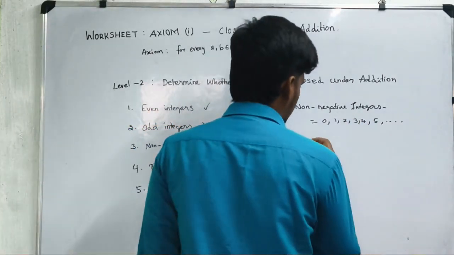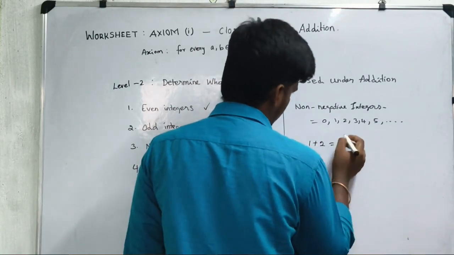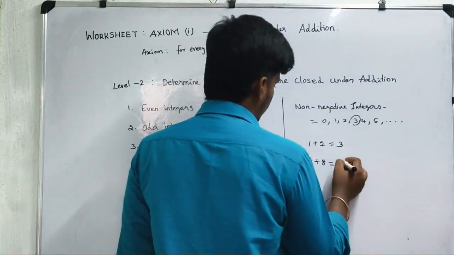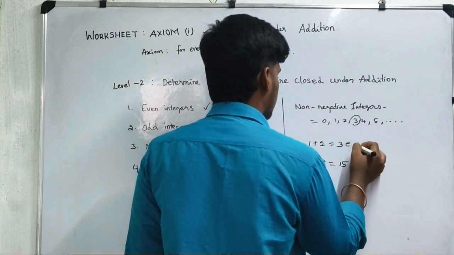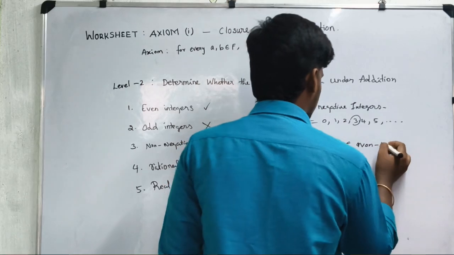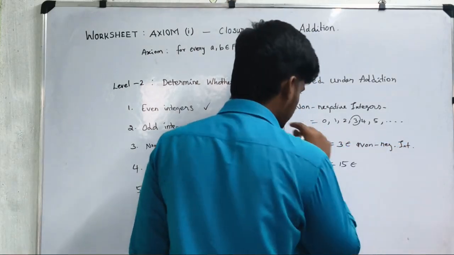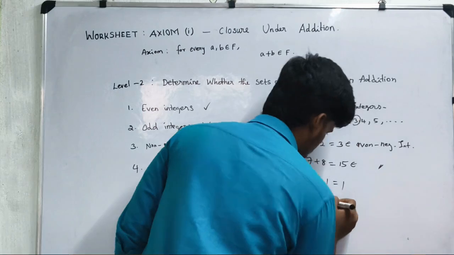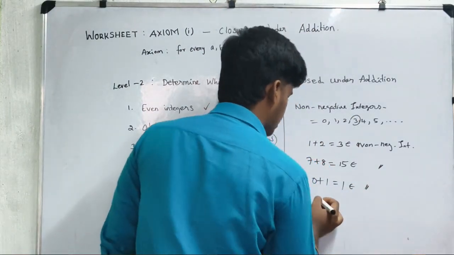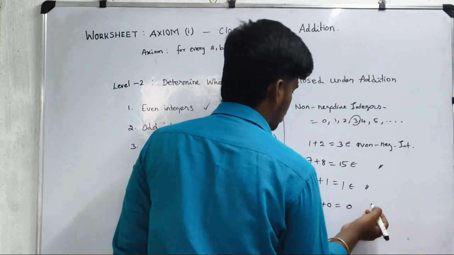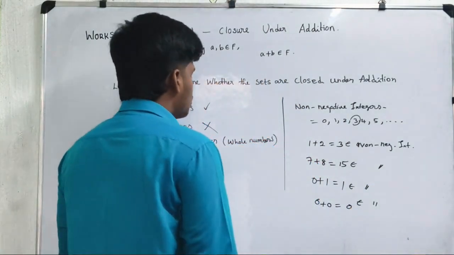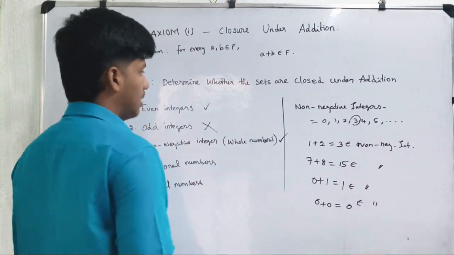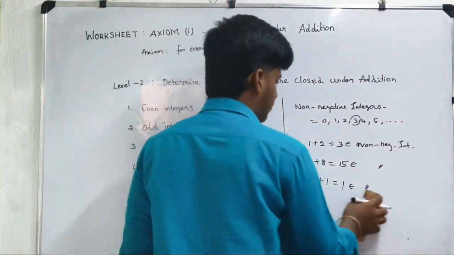I take two elements: 1 plus 2 gives 3, which exists. 7 plus 8 is 15, which also exists in the non-negative integers. Likewise, 0 plus 1 is 1, which exists, and 0 plus 0 equals 0, which also exists. So the non-negative integers satisfy the condition.